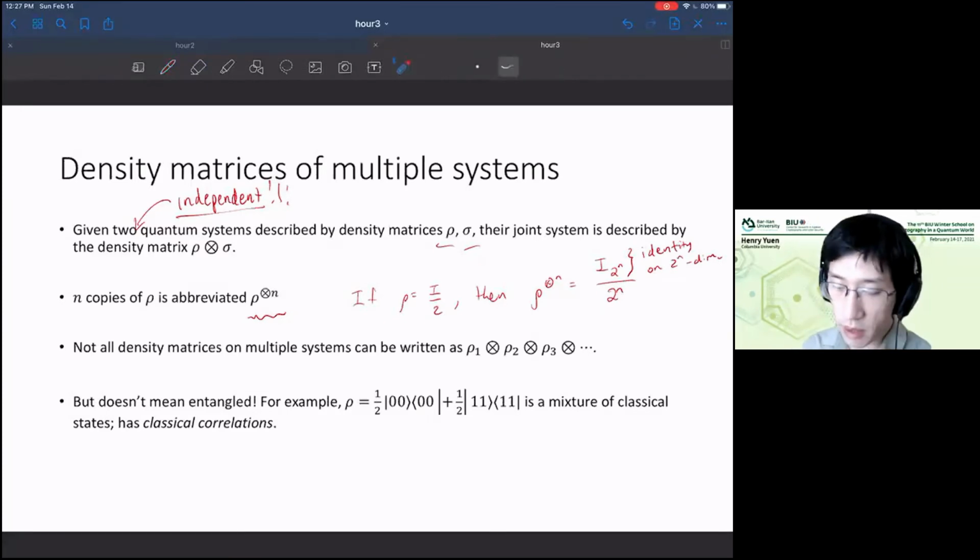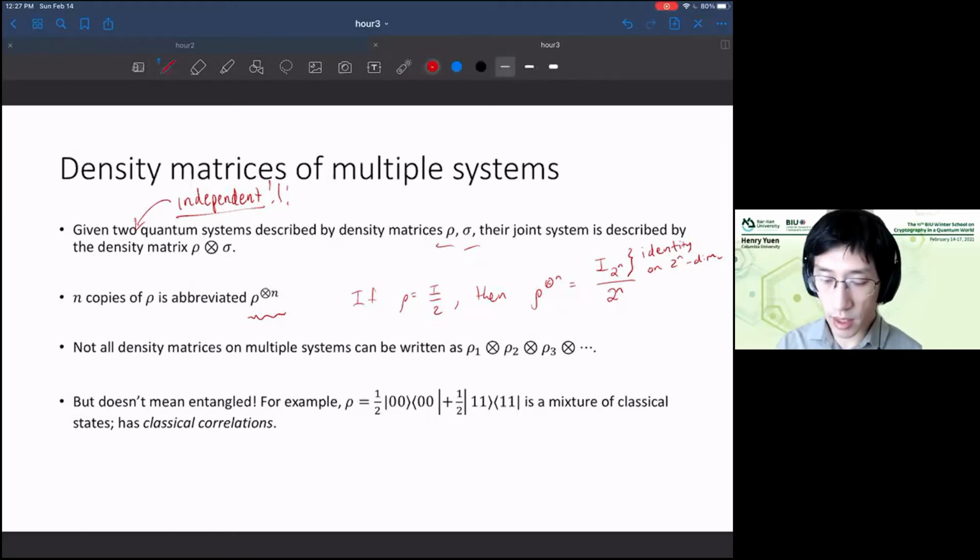Okay, but maybe not surprising, not all density matrices on multiple qubits can be written as a tensor product of individual density matrices on individual subsystems, right? But here things start to get subtle, because just because you have a density matrix, let's say rho AB, and we write AB to indicate that this density matrix is on 2 qubits A and B, right?